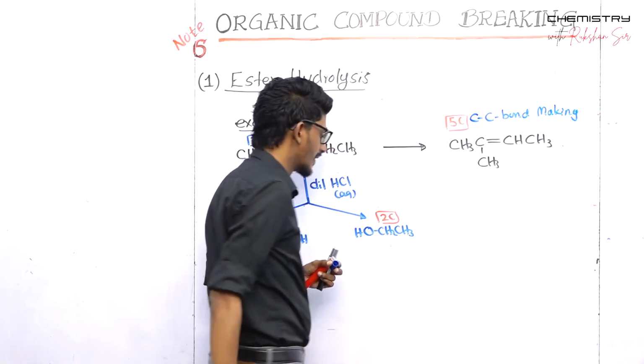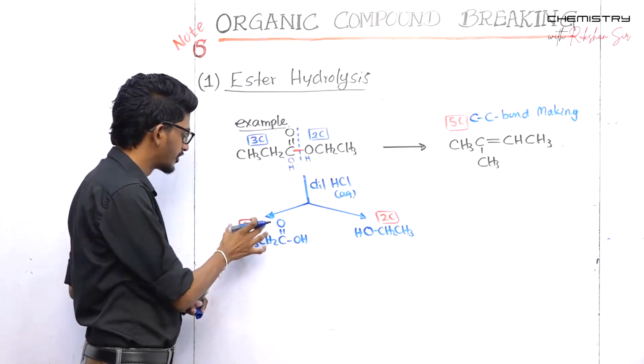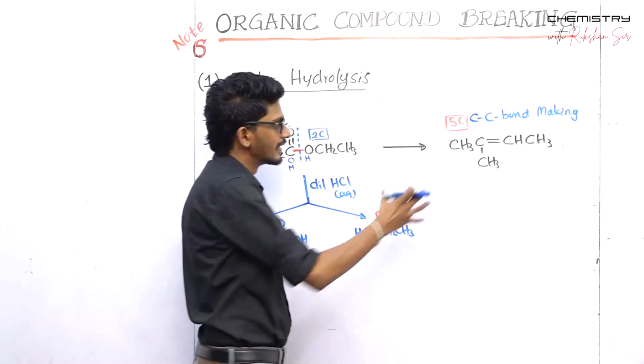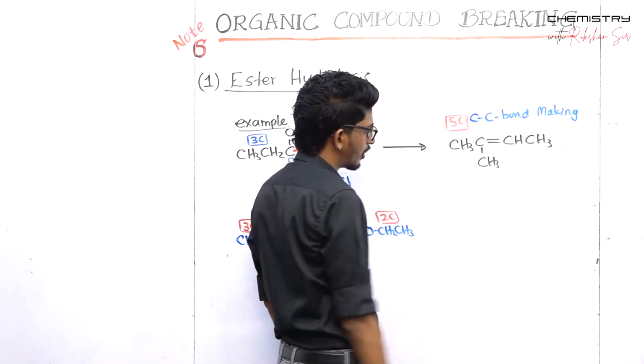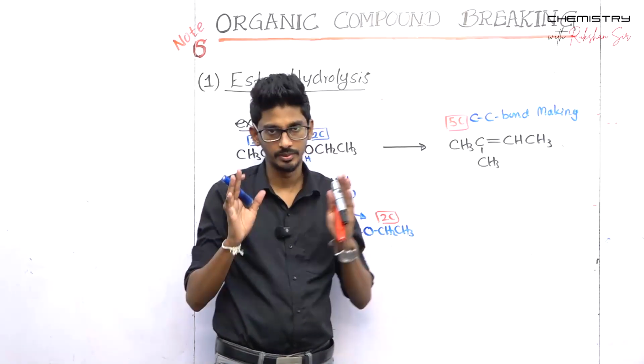As we have 3 carbon blocks and 2 carbon blocks, first we need to divide this large compound into 3 carbon and 2 carbon blocks. That is how we are supposed to think here.